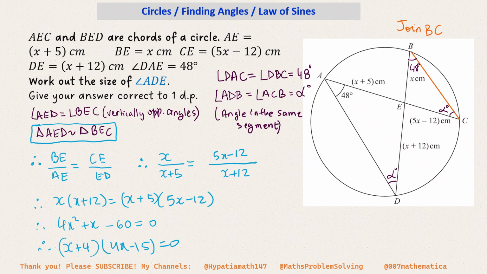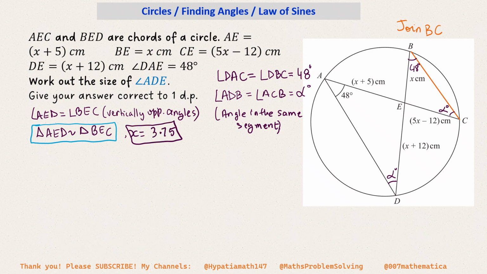You see x cannot be negative, so therefore x is 3.75. Once you know x is 3.75, you can find out what the actual side lengths are. We are interested in DE and AE, so we have those side lengths.